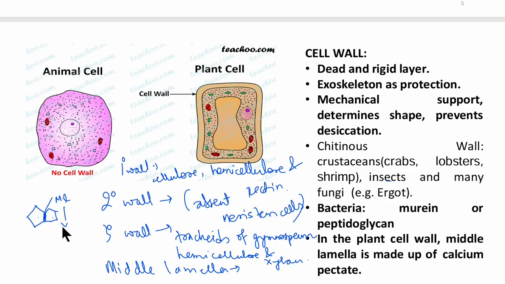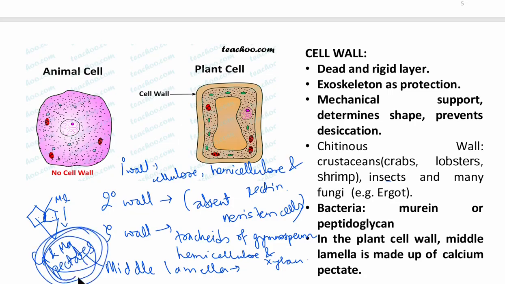The primary wall is considered the outermost layer, and the middle lamella is the common layer between the two cells, and it is made up of calcium and magnesium pectate.